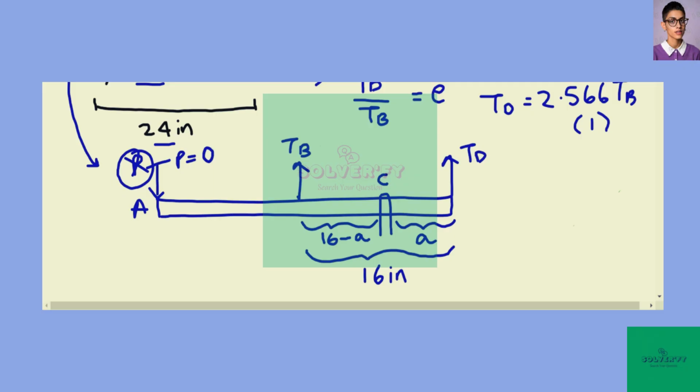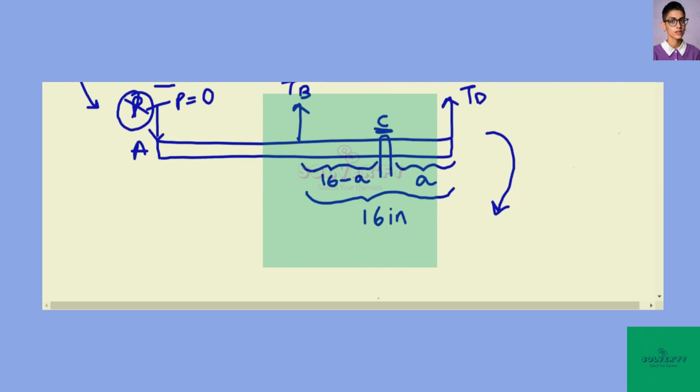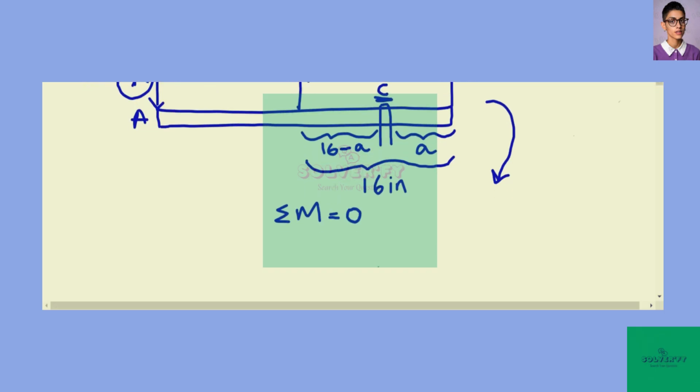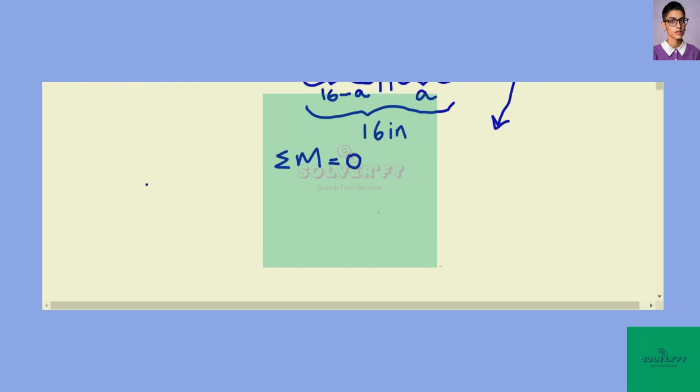And so from this bar, we can calculate the moments about C from our moment equilibrium equation. So the sum of moments is 0. So we're going to get the following: TB times (16 minus A) minus TD times A, which is the moments about C, is equal to 0.